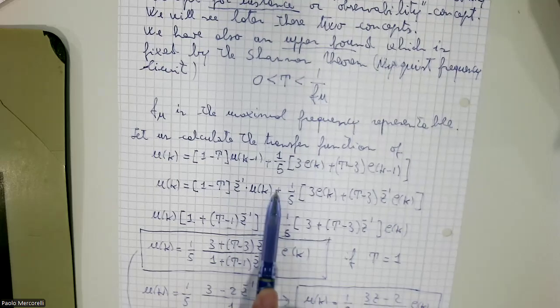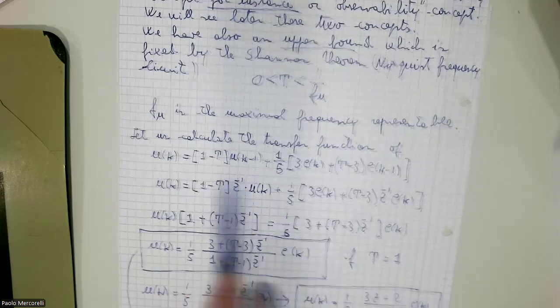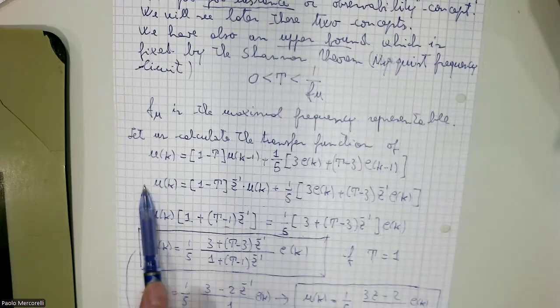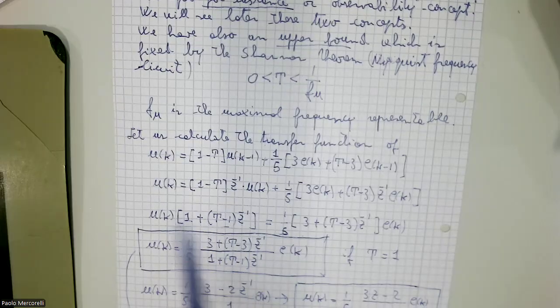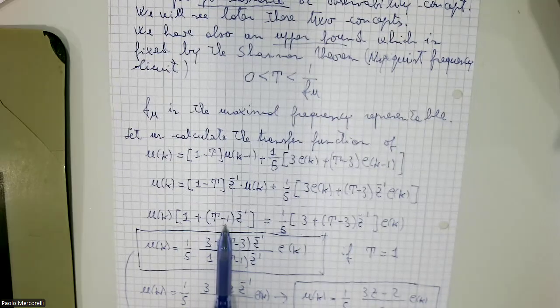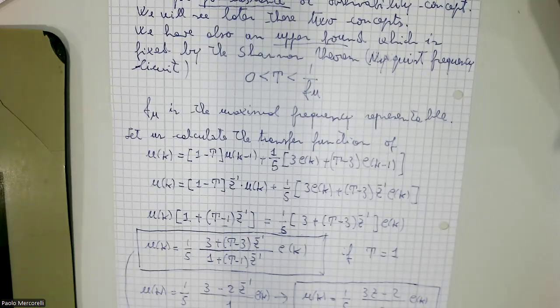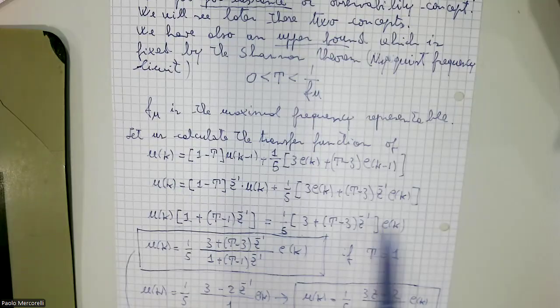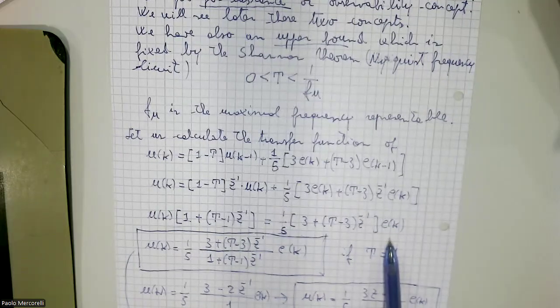I put on the left part this with the minus, and I will obtain this. Instead of 1 minus t, I have a t minus 1. The idea is to calculate the transfer function, this means u of k divided by e of k. This means I have to isolate on the left the contribution of u, and on the right the contribution of e.